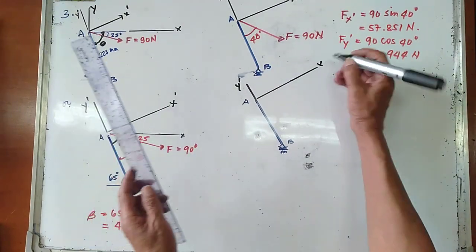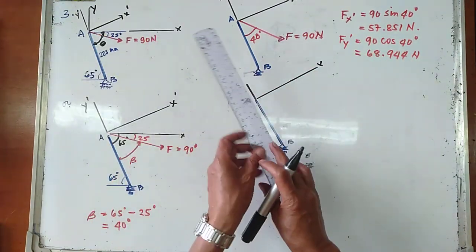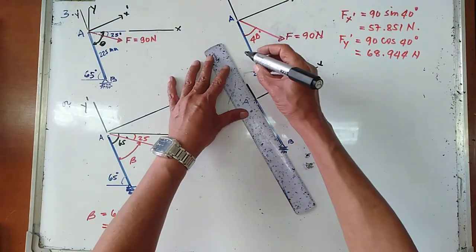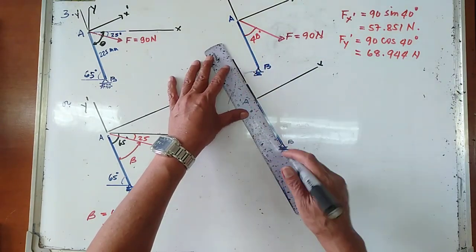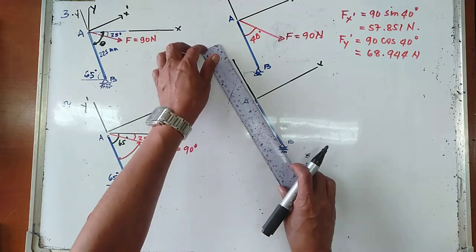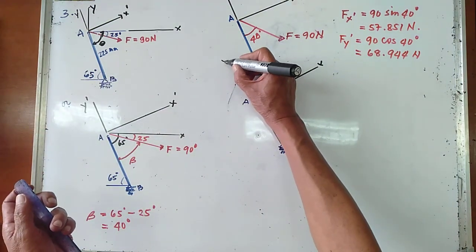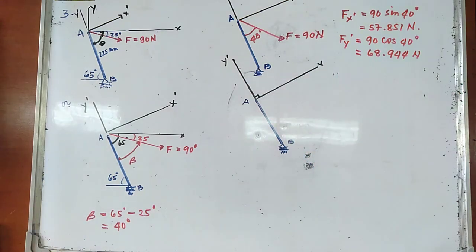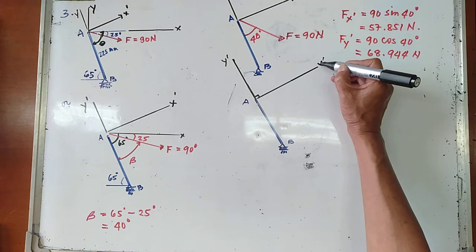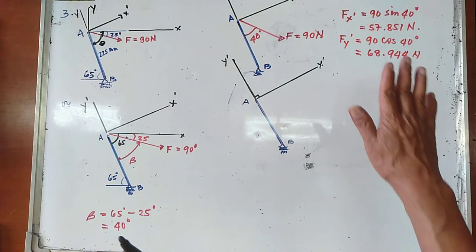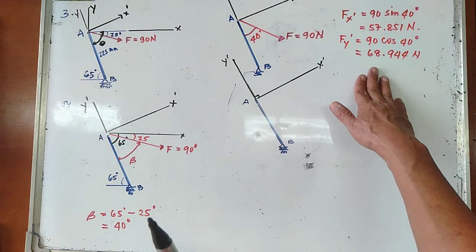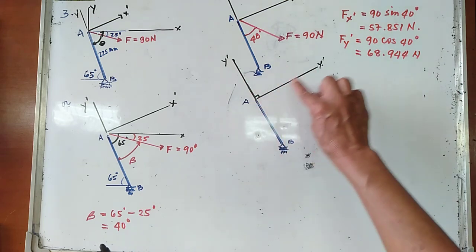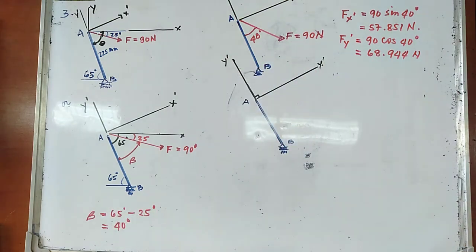I'm going to extend this y prime in here. Again, this one in here is 90 degrees. So we already get the components of the force in the x prime and in the y prime axis.